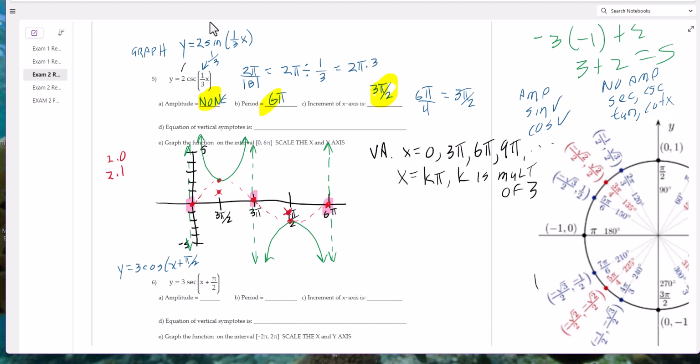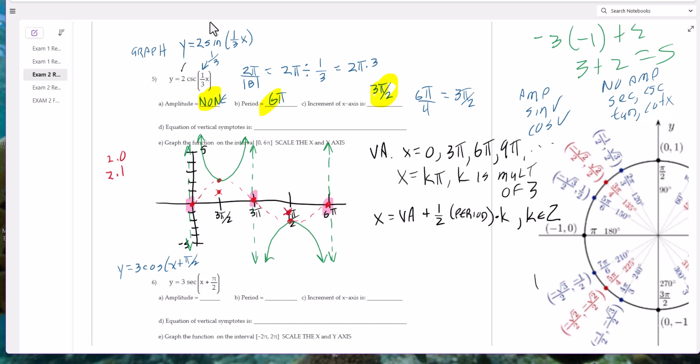You also have a formula. The formula is just x equals, pick a vertical asymptote. I don't care which vertical asymptote you pick, just pick it. And then it would be plus half the period times k, again where k is an integer. Okay, so I'm going to pick 0 as an asymptote.